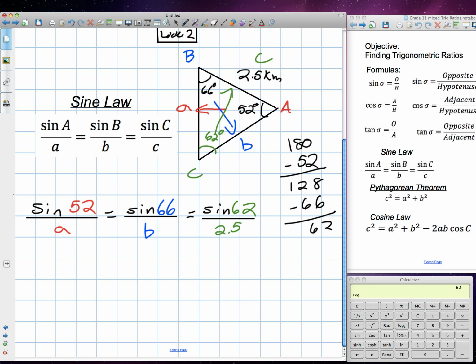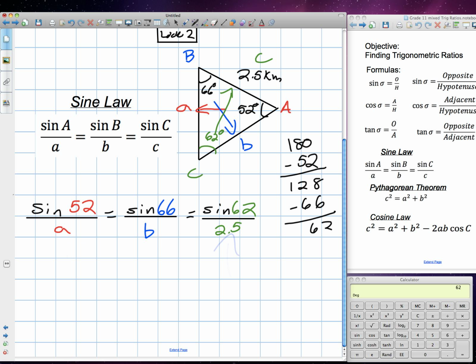So I have this complete ratio. I need to use this ratio against another ratio to solve. Now, I want you guys to look at this. I technically have 3 ratios. We're only going to work with pairs at a time. So what would you guys like to solve for? Side A or B first? A? Okay.